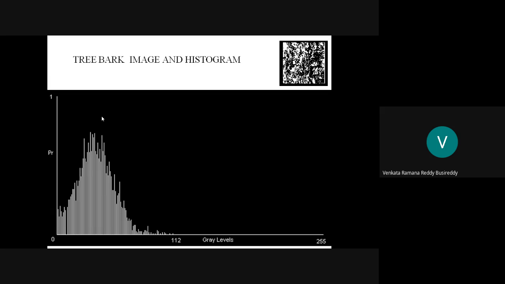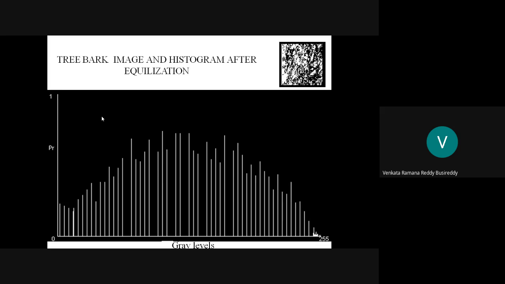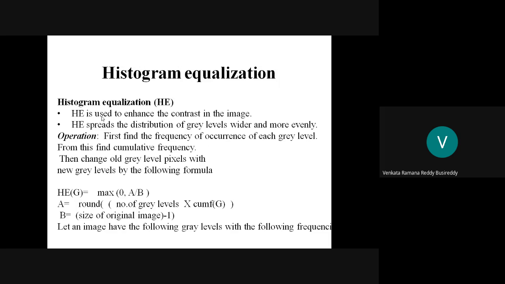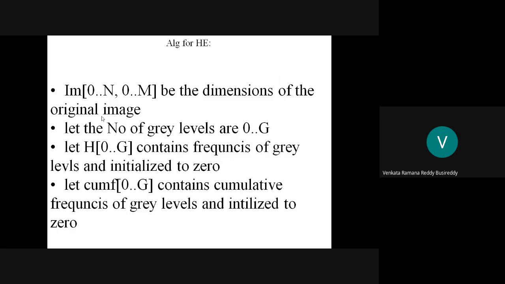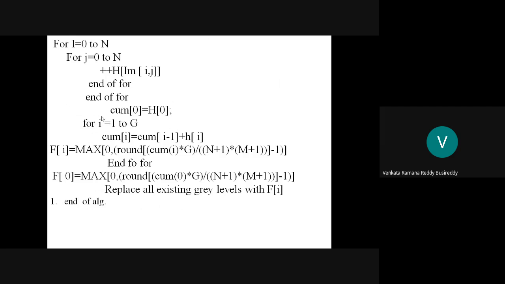We applied that to a bark image. Histogram equalization means uniformly spreading the values by making use of an existing algorithm: gray levels, frequency, cumulative frequency. I use this algorithm.